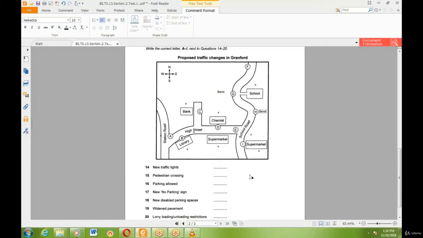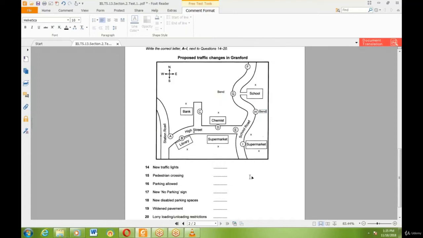We are proposing some changes to parking. At present, parking isn't allowed on the high street outside the library, but we are going to change that and allow parking there, but not at the other end of the high street near School Road. There'll be a new no parking sign on School Road just by the entrance to the school, forbidding parking for 25 metres.